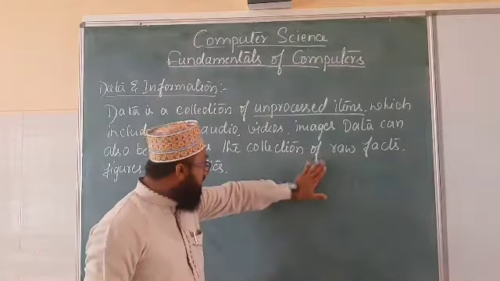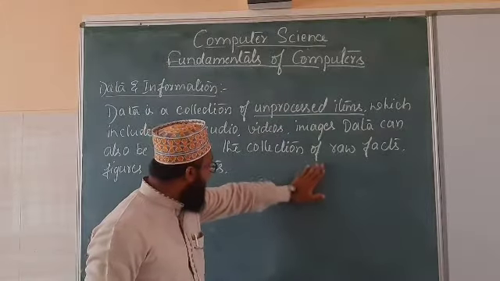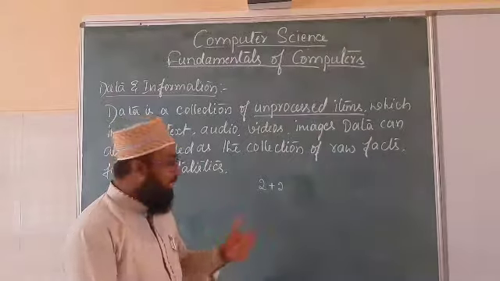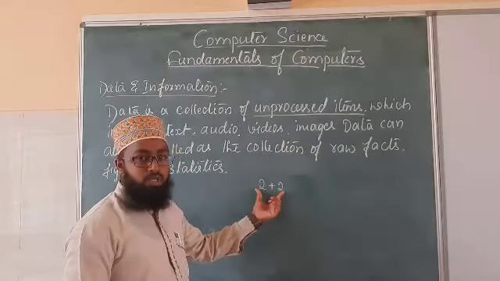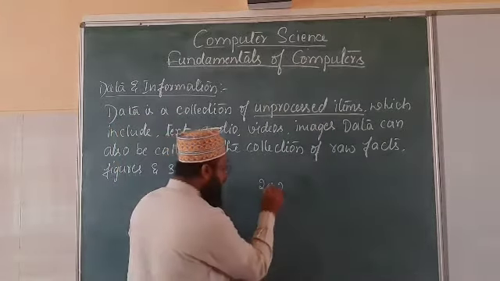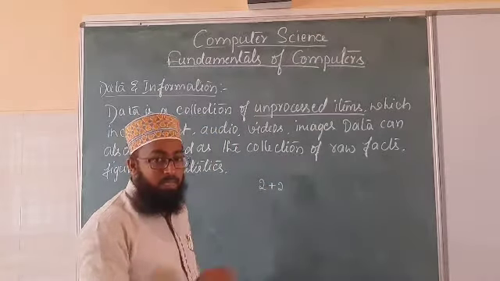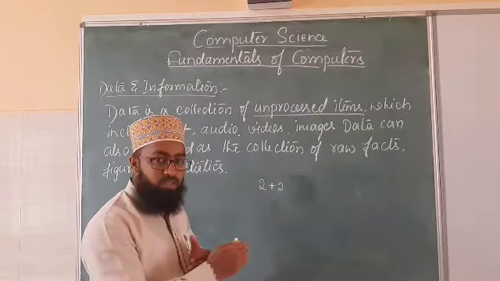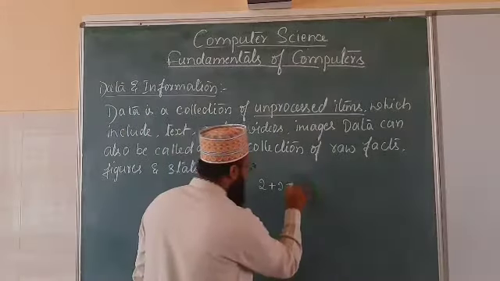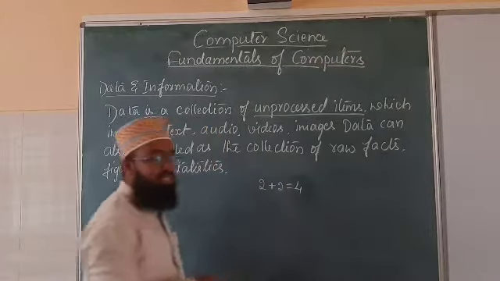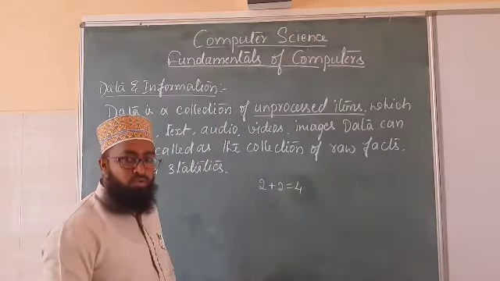Before that we have not got any result, so they are called unprocessed items, and we are asking the computer to do the process of addition. Then after completing that process we will get the answer, the result as 4.